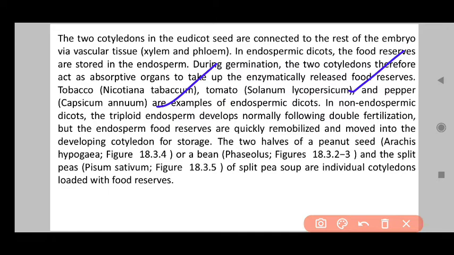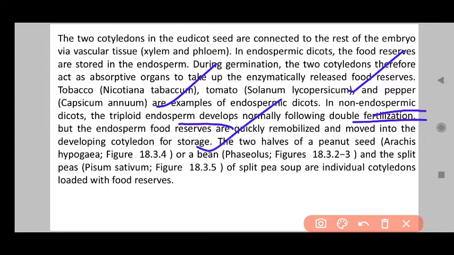These are seen in the dicot. In the non-endospermic dicot, the endosperm is not present at maturity. The triploid endosperm develops normally following double fertilization. The end products of double fertilization are the endosperm and the zygote. Although the endosperm is not present, the endosperm reserves are quickly remobilized to move into the developing cotyledons for storage.